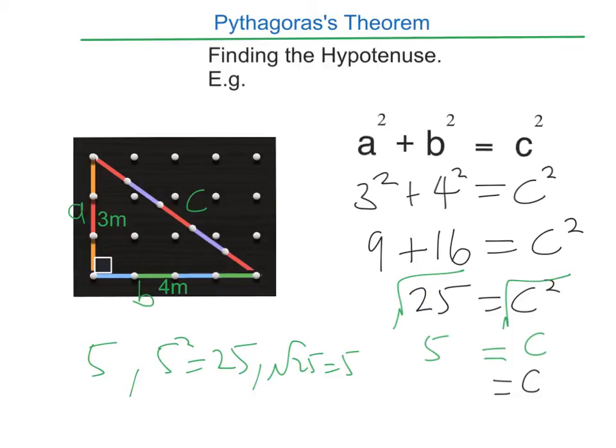So over here, squaring and square rooting are opposites, and that means they cancel out and I end up with just C left. On the left hand side, the square root of 25 is 5. So C is equal to 5. That means that this side over here has a length of 5 metres.